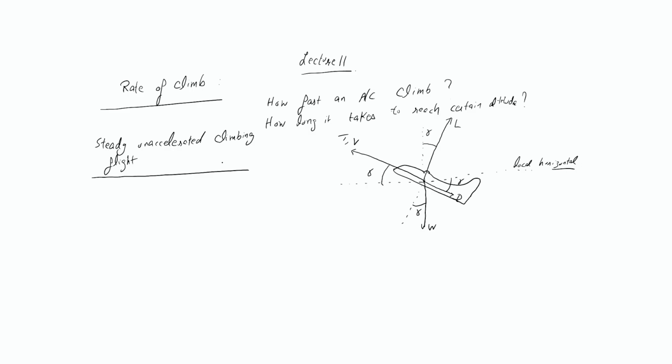The velocity along the path is v infinity, and the flight path is inclined to the horizontal at an angle gamma. Now whenever I discuss this climbing with my students, the first question I ask them is, what do you think is happening to the lift? Is lift greater than the weight, or is lift less than the weight during the climb phase? So what do you think?